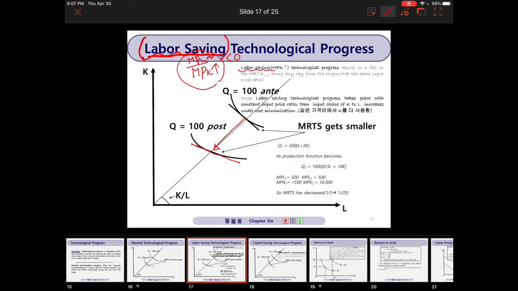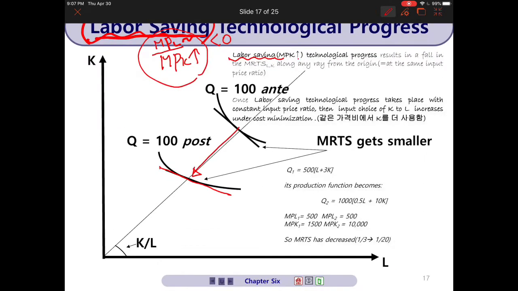So labor saving technological progress happens when MPK increases a lot and result in fall in the MRTS along any ray from the origin. As well as this one, what about there? There, you should have this one, right?